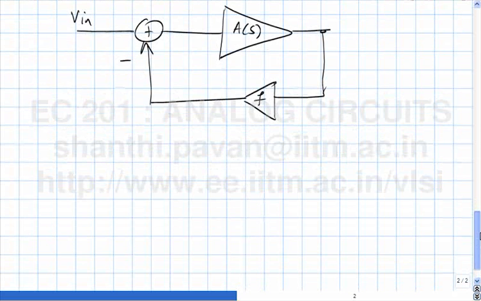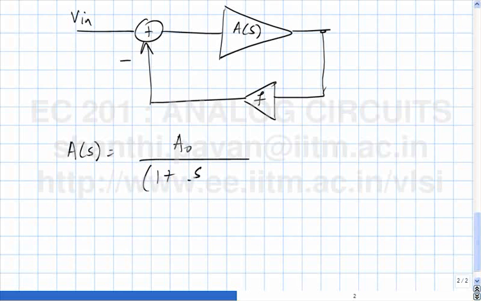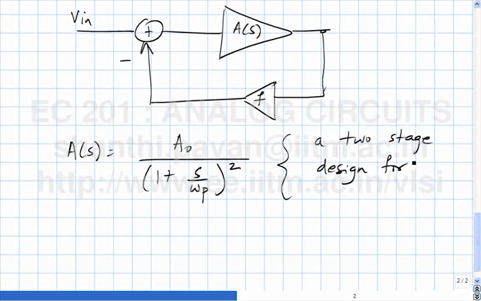However, A of S is now of the form A naught divided by 1 plus S by, say, omega P, the whole square. A two-stage design for the forward amplifier.